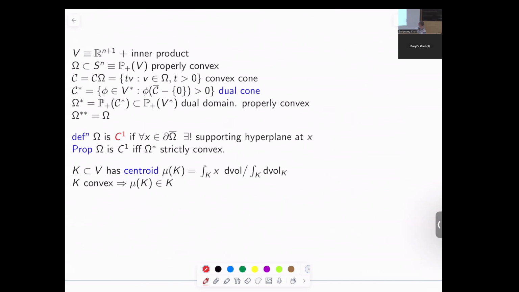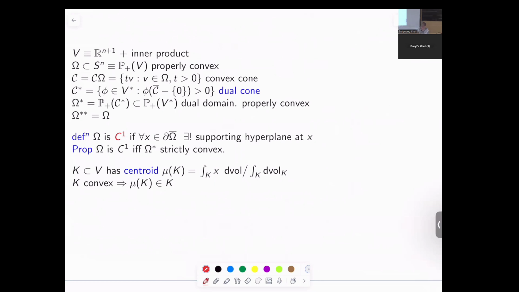I've lifted to the double cover of projective space, so I'm thinking about this properly convex domain as living in the n-sphere given by this inner product. The n-sphere I can identify with the double cover of projective space, so-called positive projective space. So this is a properly convex domain sitting in an open hemisphere. Then I can take the cone on that domain, all positive multiples of vectors in this set.